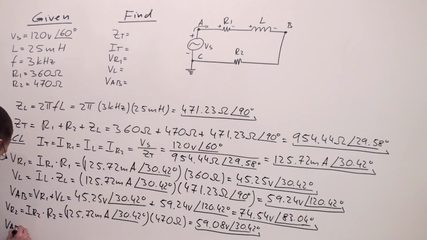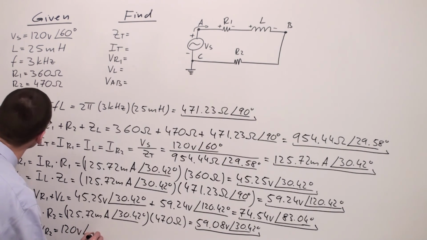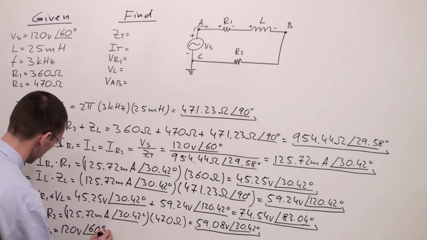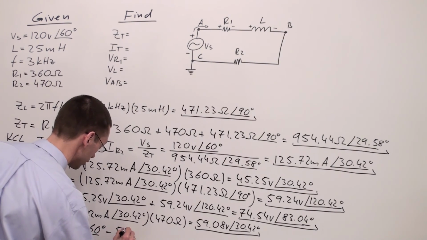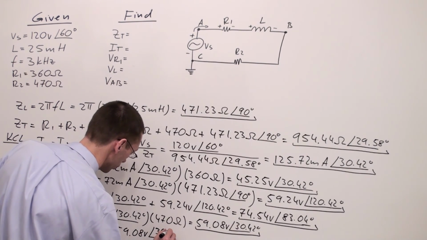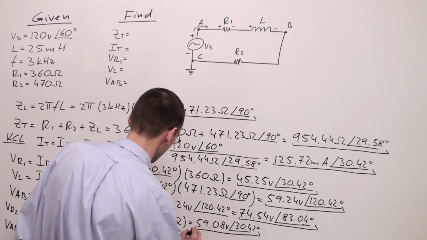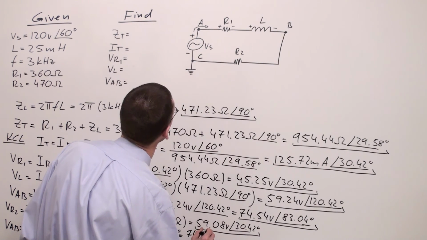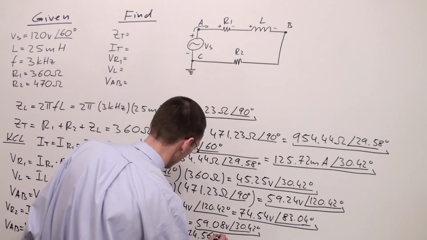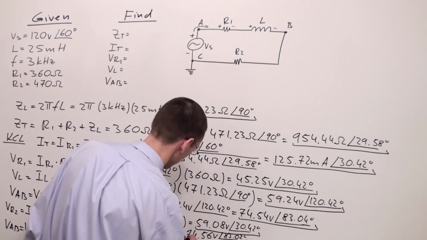VAB is equal to the voltage source minus VR2. This is equal to 120 volts and angle of 60 degrees minus 59.08 volts and angle of 30.42 degrees, which is equal to 74.56 volts and angle of 83.02 degrees.